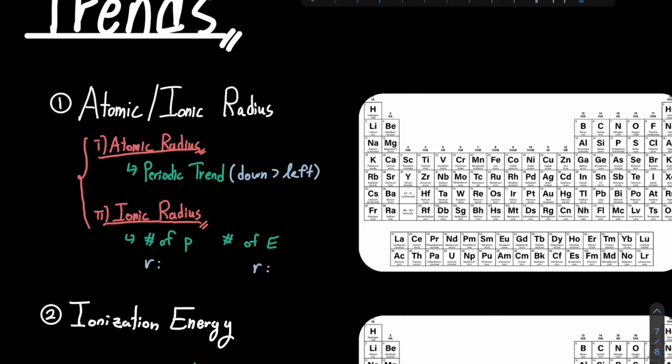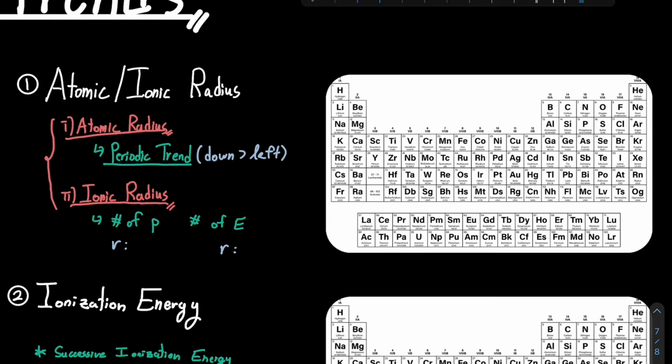For atomic radius, for atoms that don't have a charge of positive or negative, the way we see which atoms have a bigger atomic radius is by looking at the periodic trend. The periodic trend for atomic radiuses is that the lower bottom corner of the periodic table generally has a bigger radius.